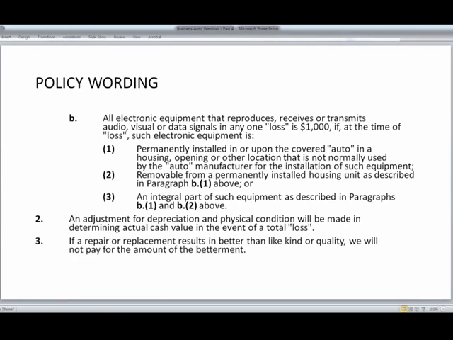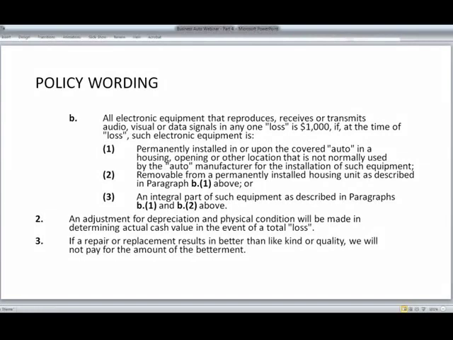That could be the monitoring equipment in the engines for larger trucks, those items. That is limited to $1,000. An adjustment for depreciation and physical condition will be made in determining actual cash value in the event of a total loss.